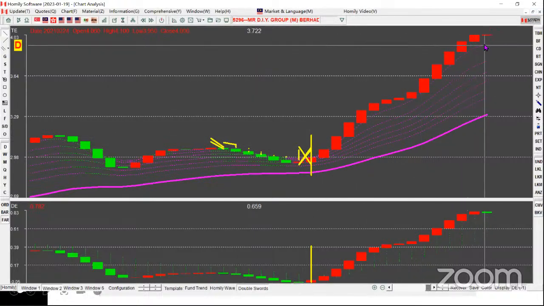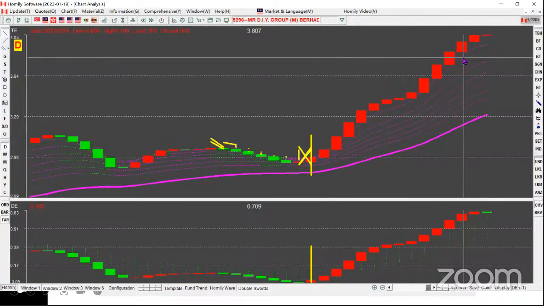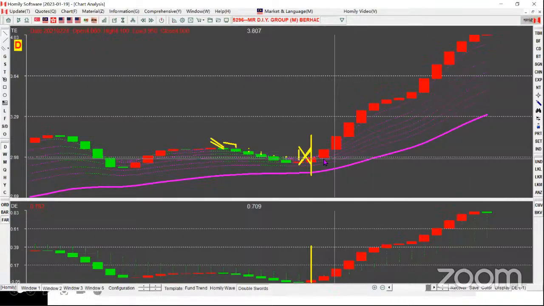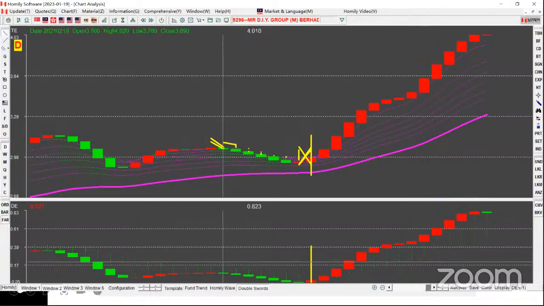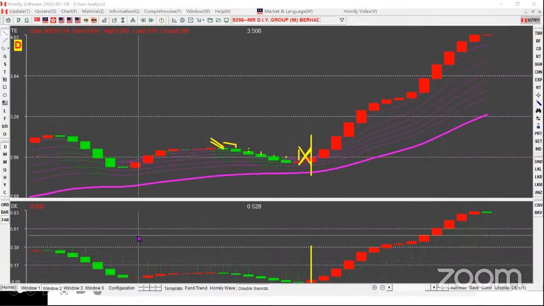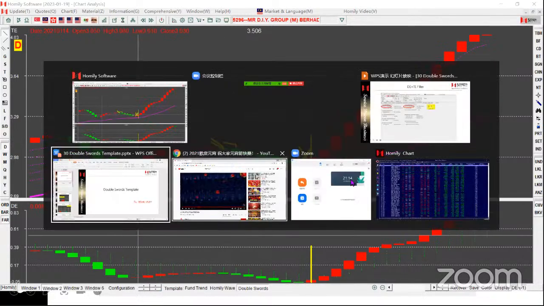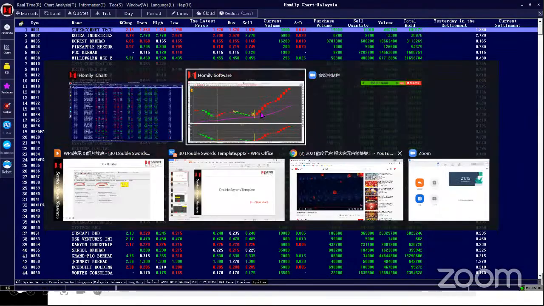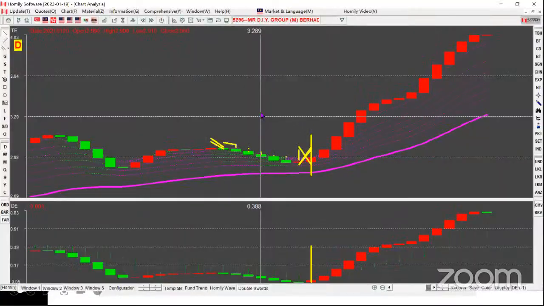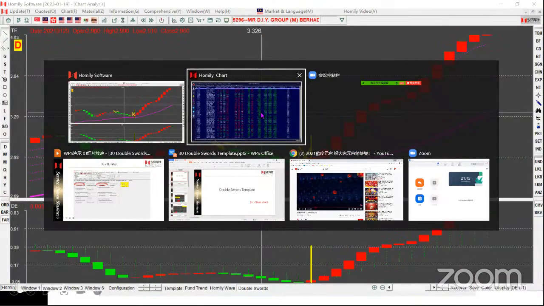For short-term traders using 60-minute charts, you can open the 60-minute chart and open these two indicators. Maybe I can show you. The code number 5296.